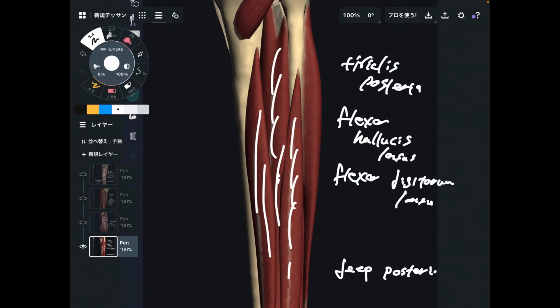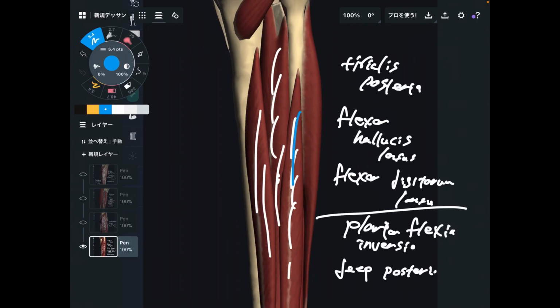Common function of these three muscles is plantar flexion and inversion. Okay, these are common functions for all three muscles. Plus, flexor hallucis longus and flexor digitorum longus do flexion of toes.